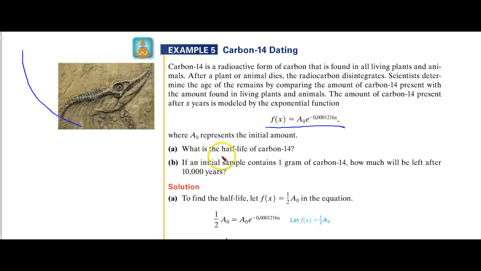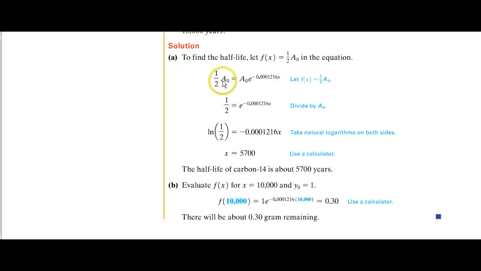So what is the half-life of carbon-14 if the initial sample contains 1 gram of this? How much will be left after 10,000 years? So again, you divide out the A sub 0, and you're left with 1/2 equals this. And we convert it to the natural log.